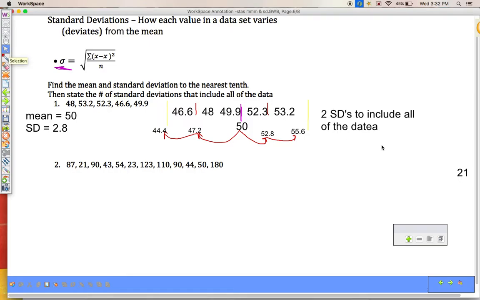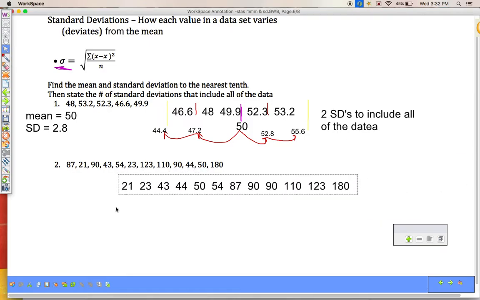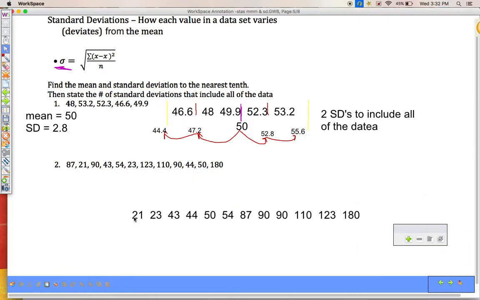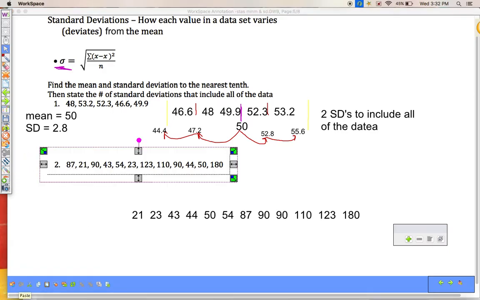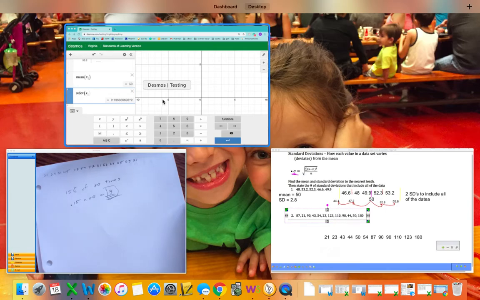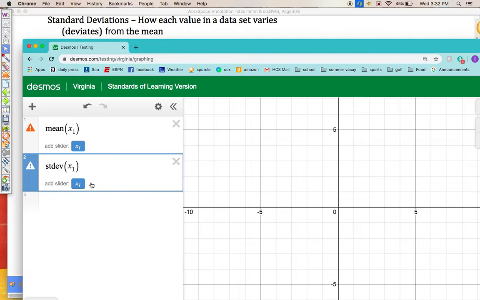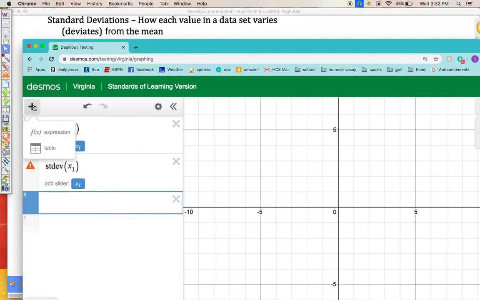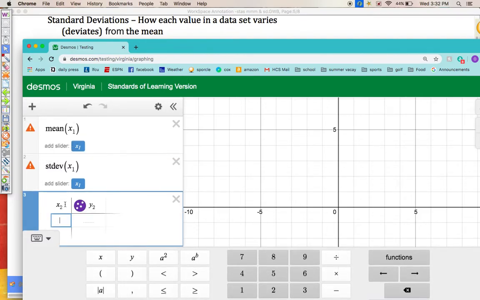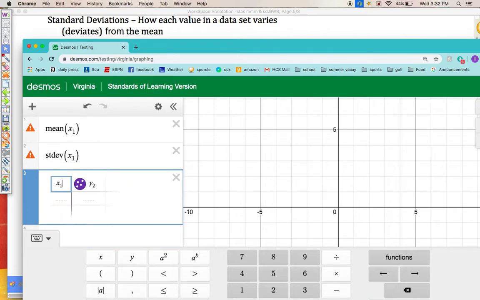All right, so I'm going to put them in order. I'm going to find the mean, go back to Desmos, get rid of this, add a table. Now I'm going to change this to x1, not x2 and y1. The y doesn't matter, just keep the x's.